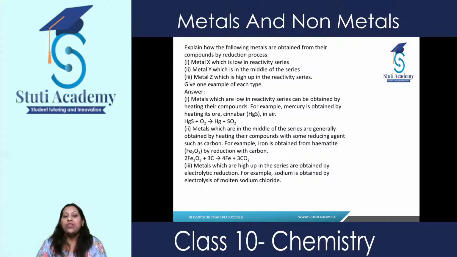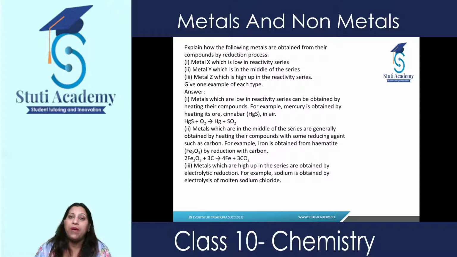And explain how the following metals are obtained from their compounds by reduction process. As you know, in the reduction process, generally we heat them, and on the basis of their reactivity we'll do this process. First is metal X, which is low in the reactivity series. If any metal, suppose X is given, which is low in reactivity, how can we obtain it from its reduction process?